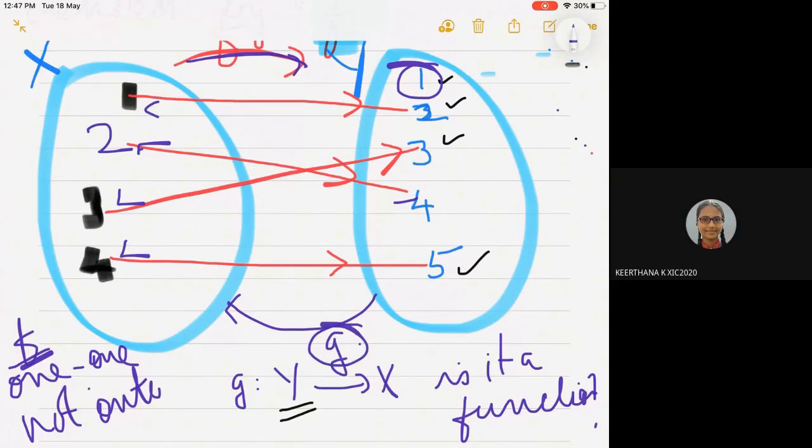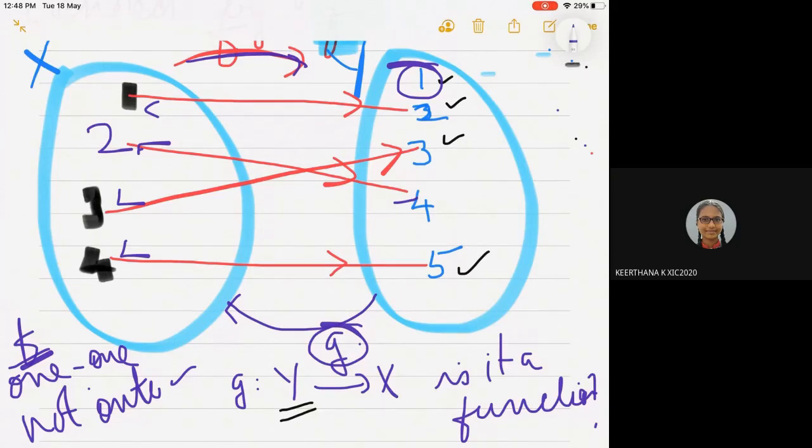G cannot be a function because f was not onto. So one criterion to make the inverse mapping a function is that the function must be 1-1 and onto. If the function f is 1-1 but not onto, the inverse mapping is not a function.